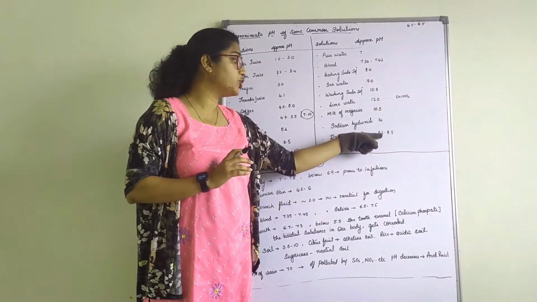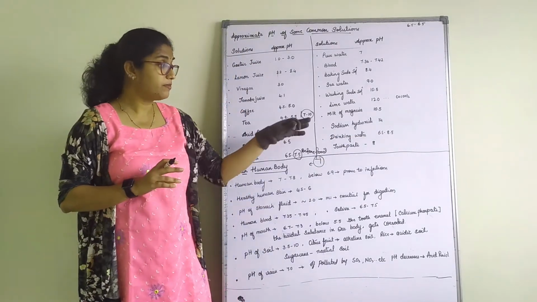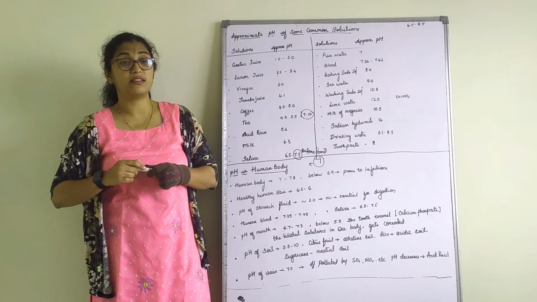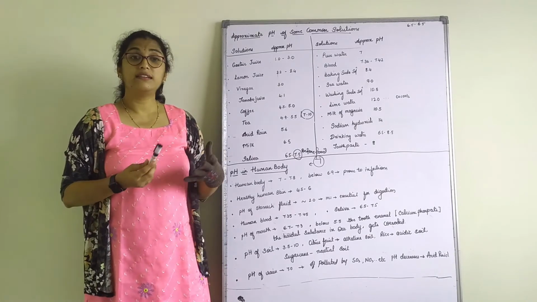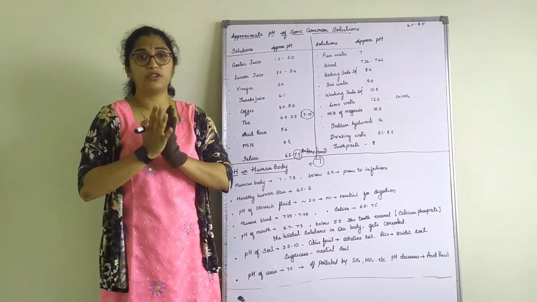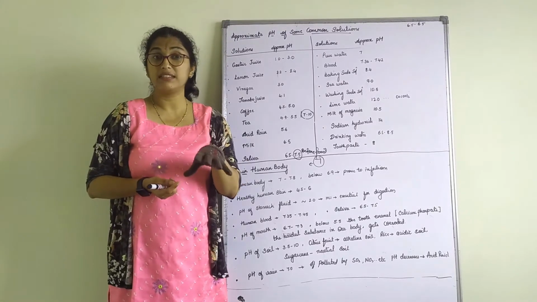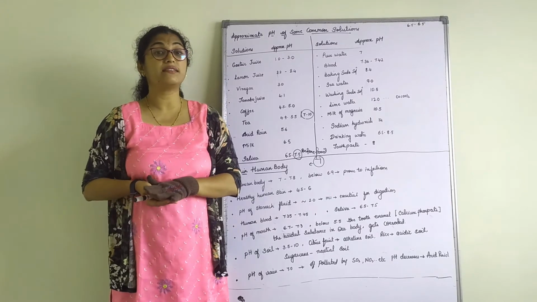Drinking water pH lies between 6.5 to 8.5. Now again, how it differs: let us take mineral water that we buy from outside. We have Bisleri, we have Aquafina, we have so many. Do all waters taste the same? No, they taste different.